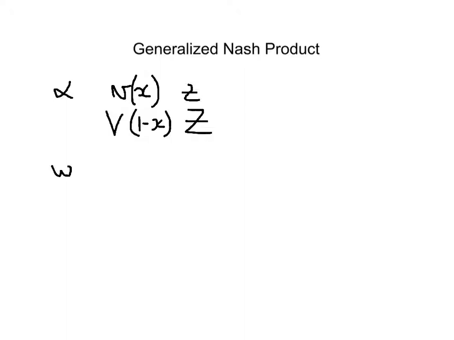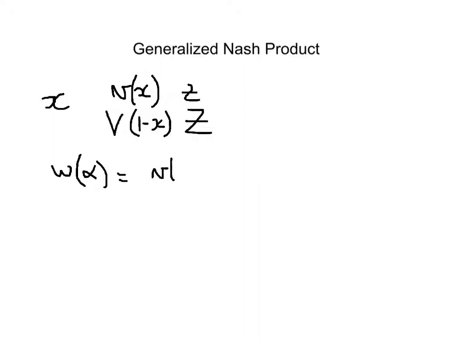The generalized, I'm sorry, this here is x, not alpha. The generalized Nash product is the product of the utility gain over and above the fallback position.